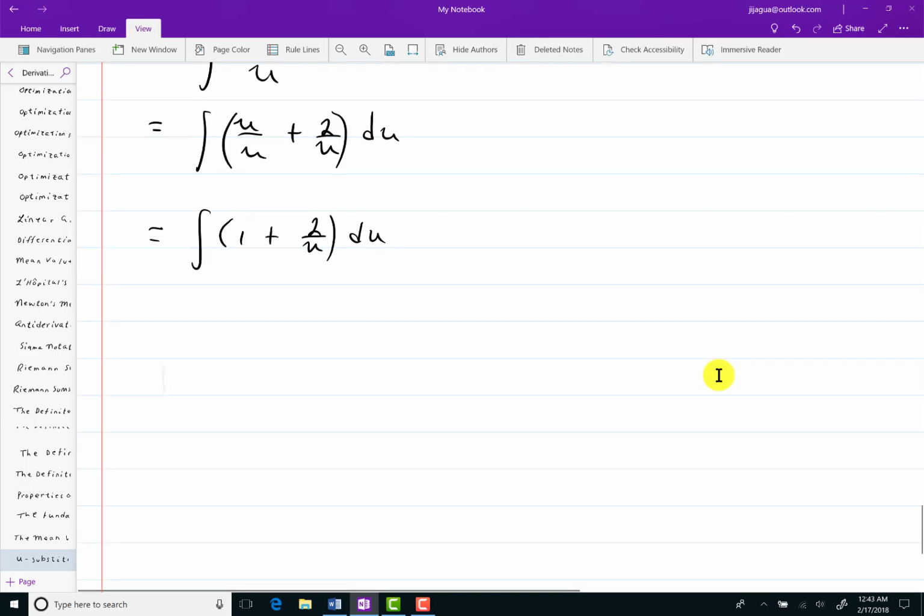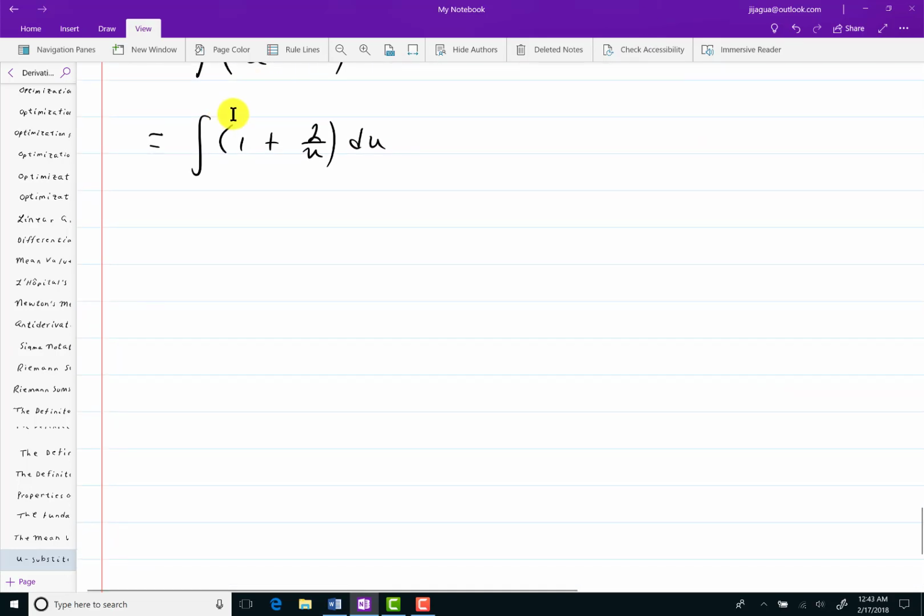This is very easy to integrate. You can break this up into a sum of integrals if you want, or you can just integrate everything as they need to be integrated on the fly. So for example, the integral of 1 is u, and the integral of 2 over u is 2 times the natural log of the absolute value of u.